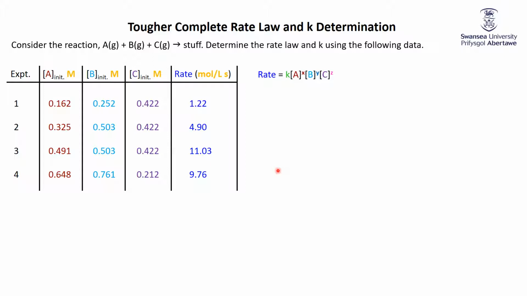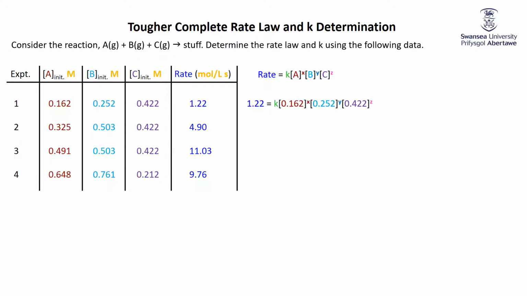I particularly like the one in which you set up so-called simultaneous equations, because all 4 of these experiments with their A, their B, their C, and their rate have the same K, X, Y, and Z. So we can plug these numbers into the equation and get 4 equations that have all got the same unknowns in them. And then we solve them simultaneously. Or simultaneous is actually because they all simultaneously have the same variables.